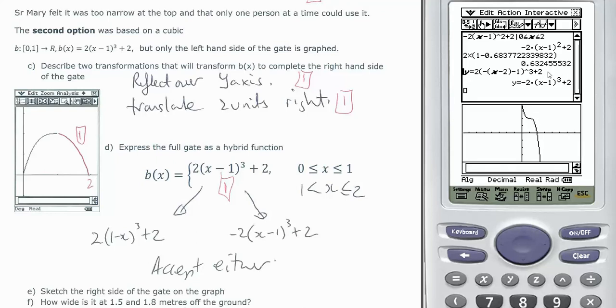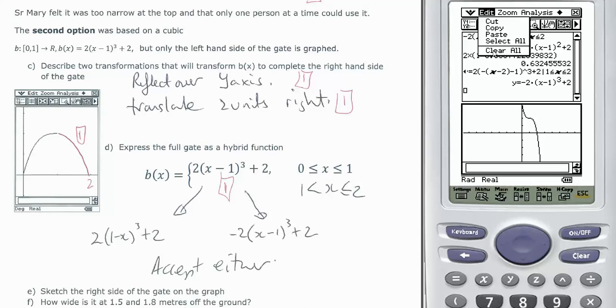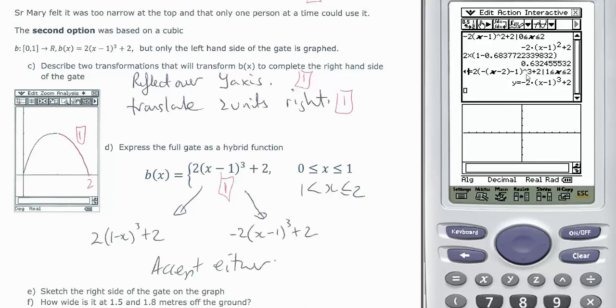So if I take this and I limit my domain from 1 to 2, and I take all of this, there's the bit that I want drawn, and that's the bit that needs to be added. That's the end of part 1.